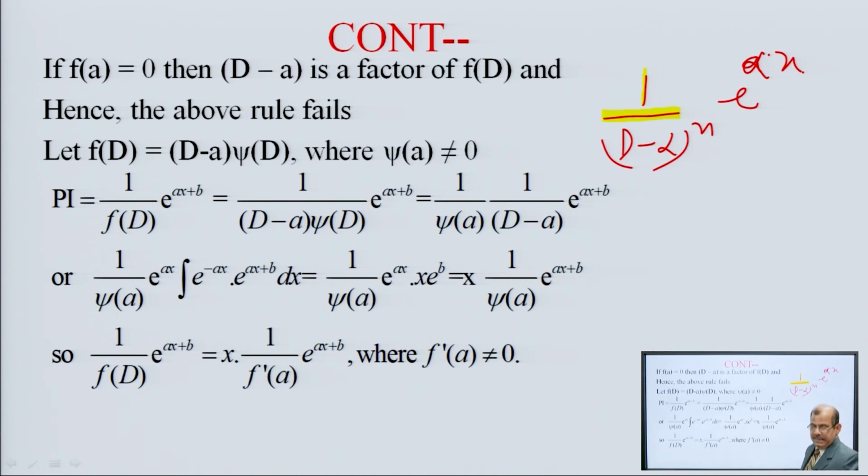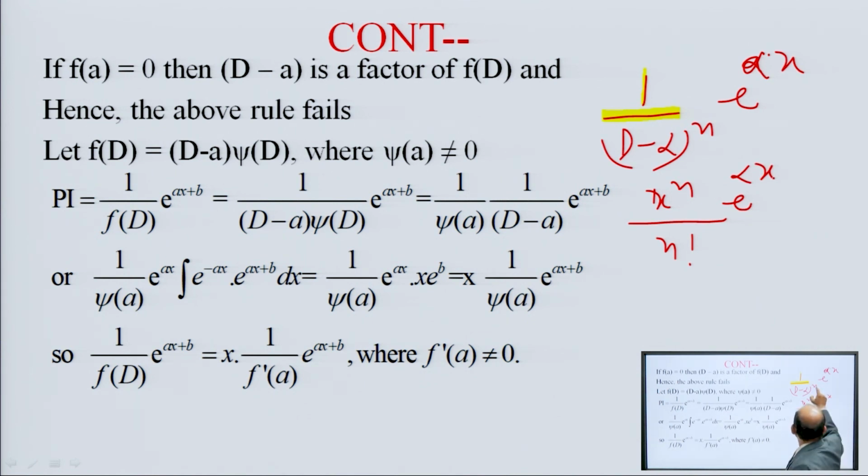It is an nth order differential equation, so we have to multiply by x raised power n and differentiate n times, and we get factorial n e^(alpha x). It will be the particular integral.